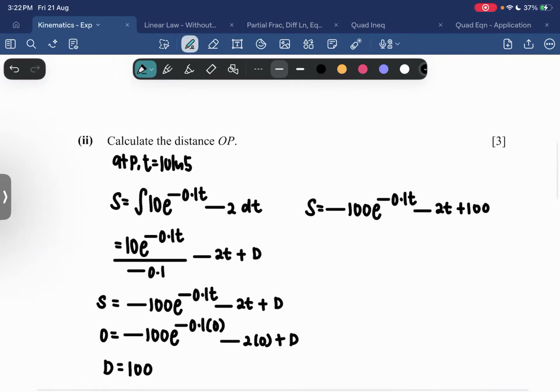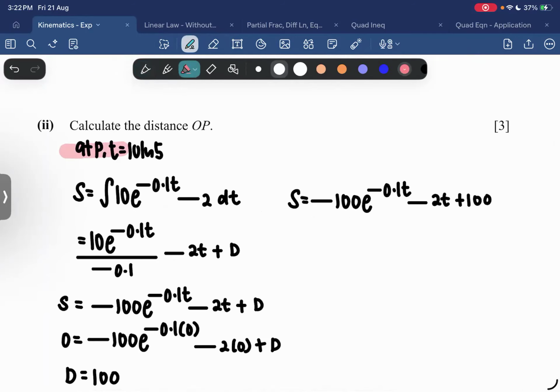At P, do you remember what's at P? We're going to plug in the t. They never say exact here, so we're just going to plug in, sub in the 10 ln 5. So from here it is negative 100 e to the power 0.1 times 10 ln 5, minus 2 times ln 5, plus 100. So many things to key in.